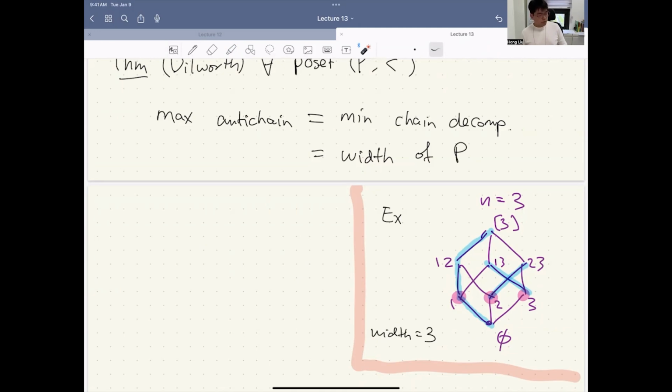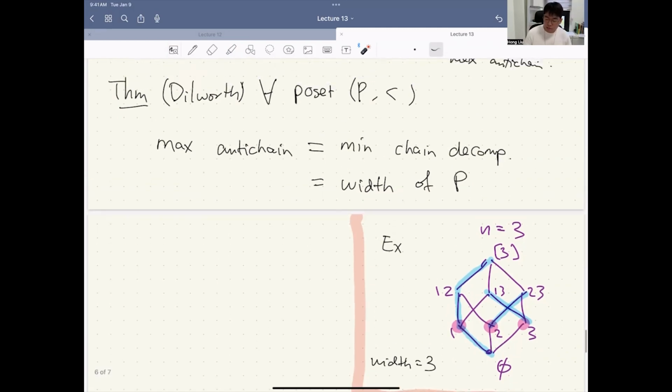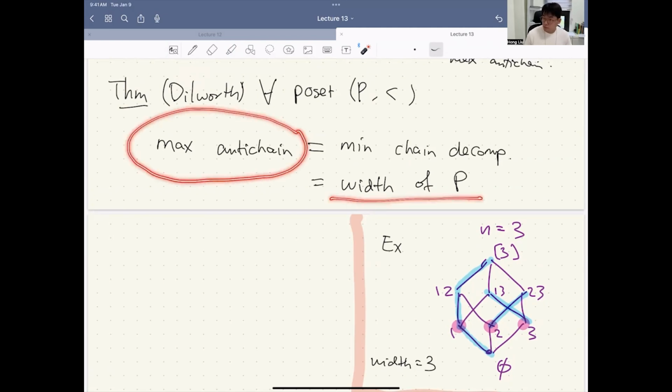We will see a proof of this and some applications, but first, let's give a first round of simple applications. The simple application is that by Dilworth's theorem, sometimes people try to ask you what is the width of this poset, meaning you have to find out the size of the largest anti-chain.